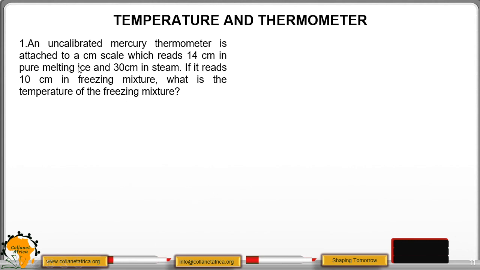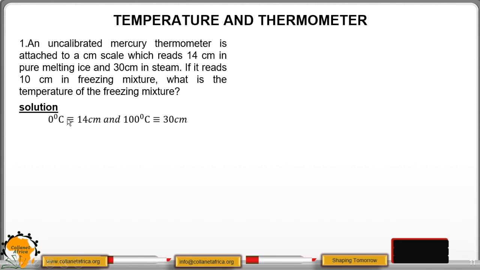From there, we have another example. An uncalibrated mercury thermometer is attached to a centimeter scale which reads 14 centimeters in pure melting ice and 30 centimeters in steam. If it reads 10 centimeters in a freezing mixture, what is the temperature of the freezing mixture? We first look at the equivalents.